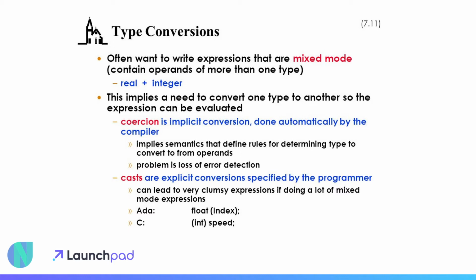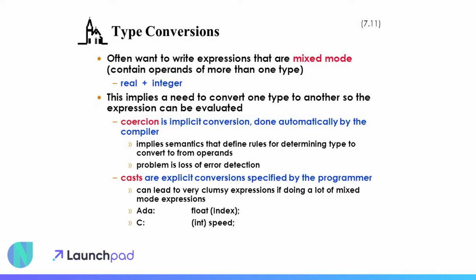It implies that we need to convert one type to another so that the expression can be evaluated. The coercion is the implicit conversion and the cast is the explicit conversion.